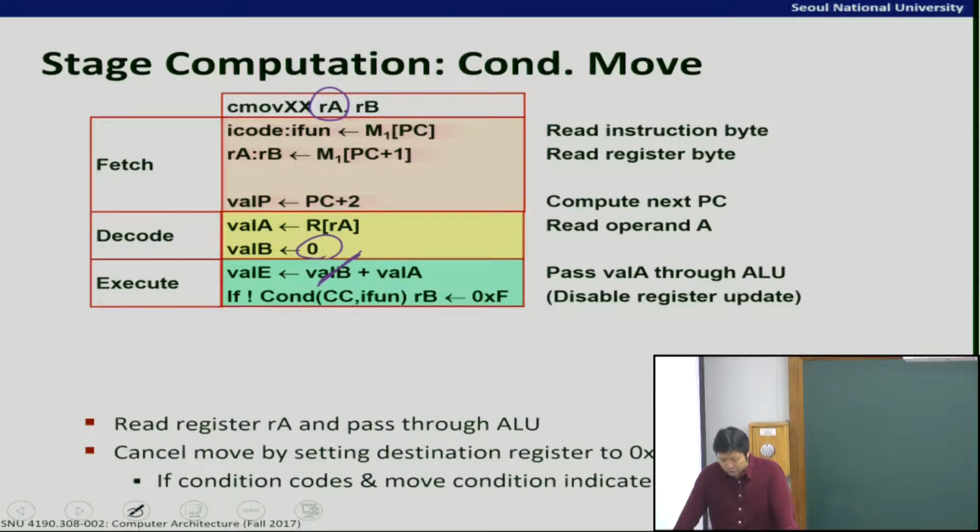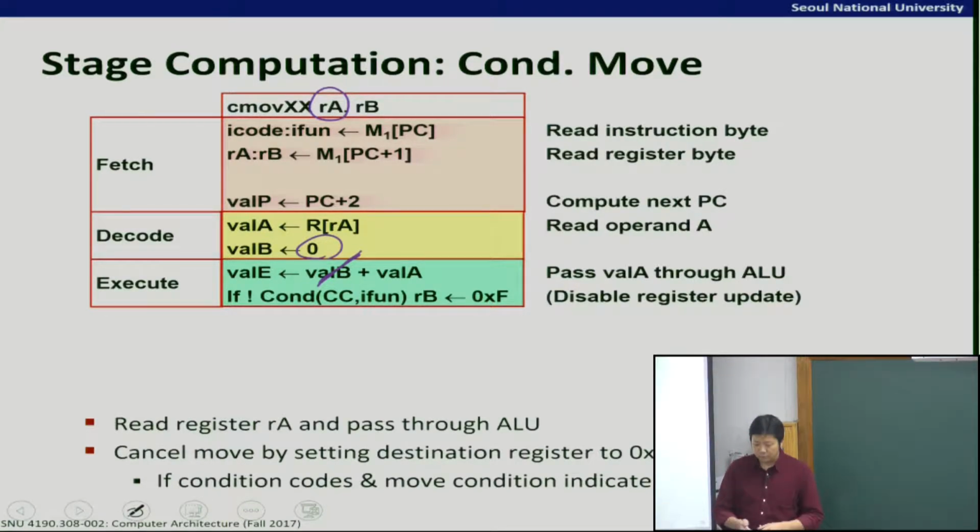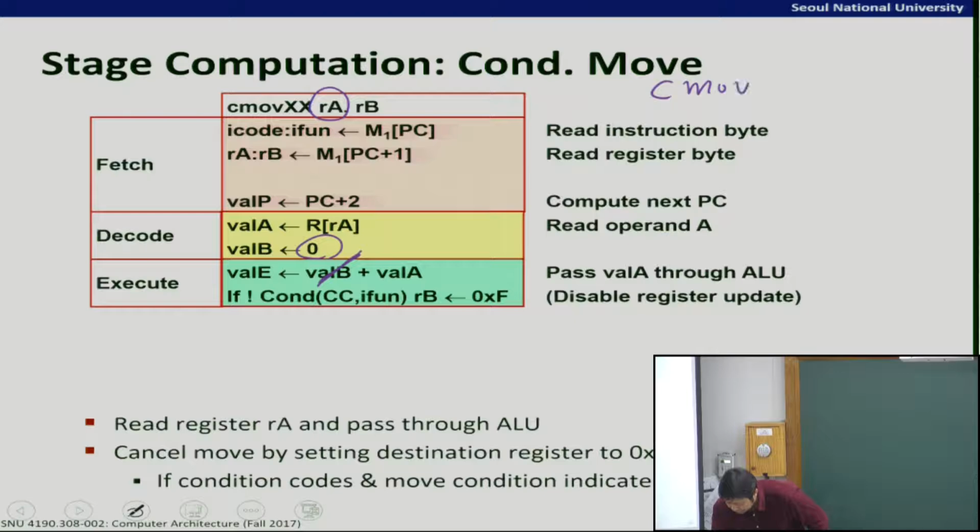And in the execute stage, we selectively override the destination register specifier. In other words, because it's a conditional move, we have to check the condition code and the suffix of the instruction. For example, this could be cmovE or cmovGE or something like that. This is a suffix. Depending on the suffix, we have to check whether that condition is satisfied by reading the condition code. If the condition is not satisfied, then we override the destination register to F. So what does it do?